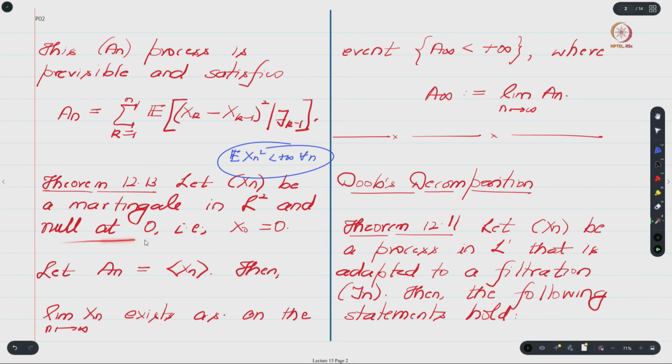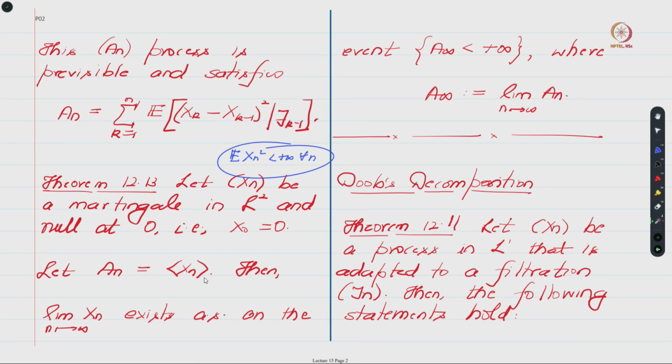For simplicity, we will presume that the given sequence is null at 0, but this is not a very restrictive assumption. We can take a given sequence which is not null at 0 and subtract X0 from it to make it null at 0, so it is not a big deal. So we presume that Xn is null at 0, which means that X0 is 0, and let An be the angle bracket process.